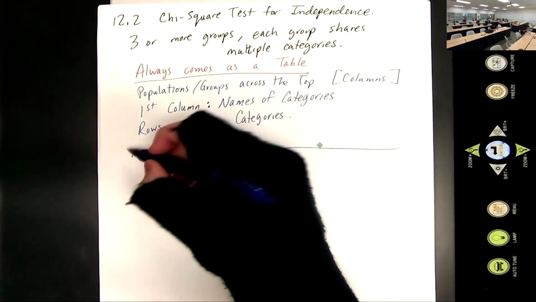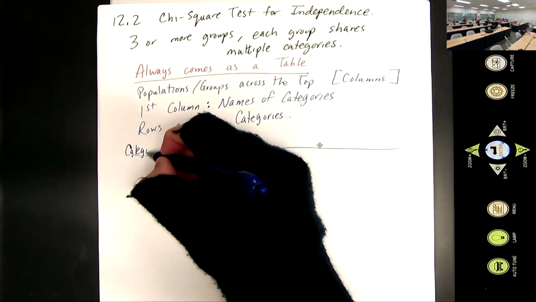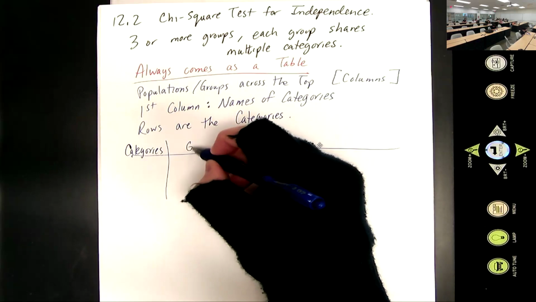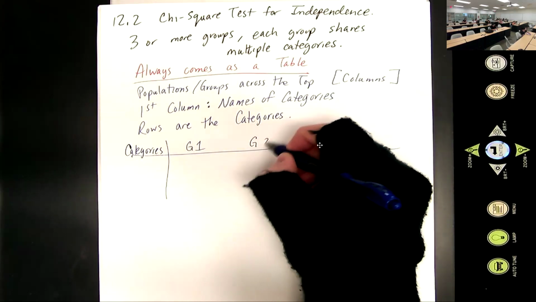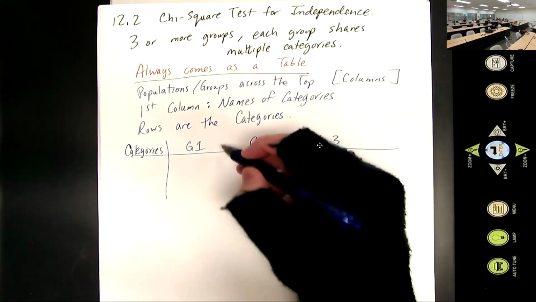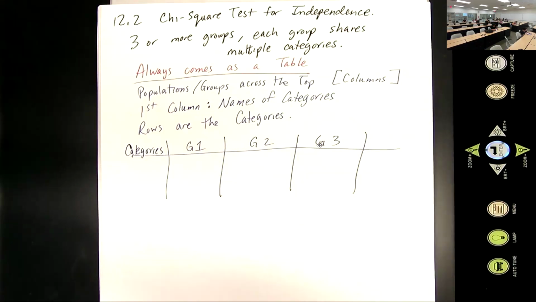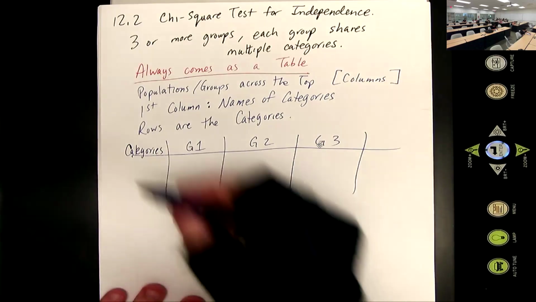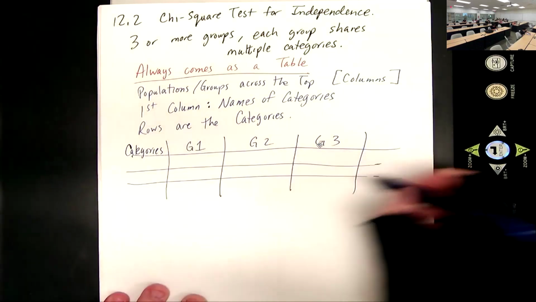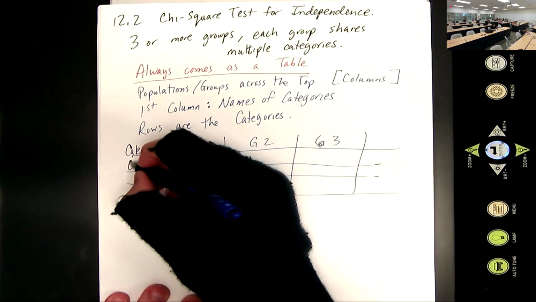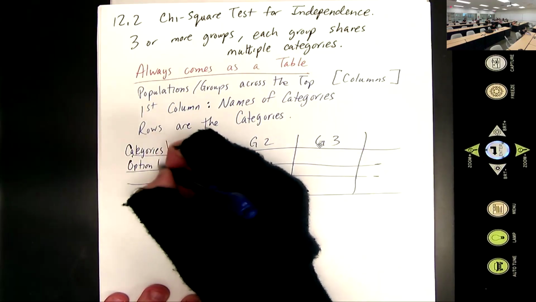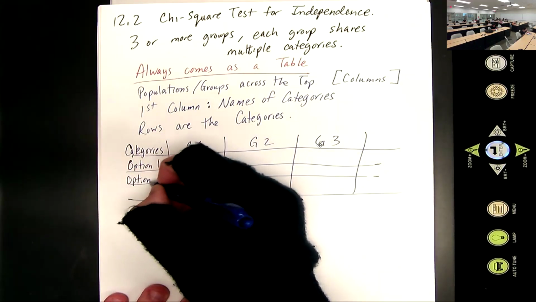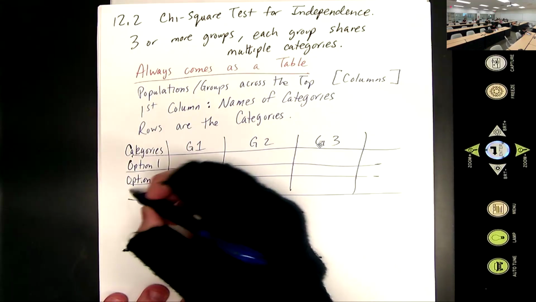So you have something like categories across the top: group 1, group 2, group 3. And we'll have option 1, option 2, option 3, or more, or less, but at least 2.